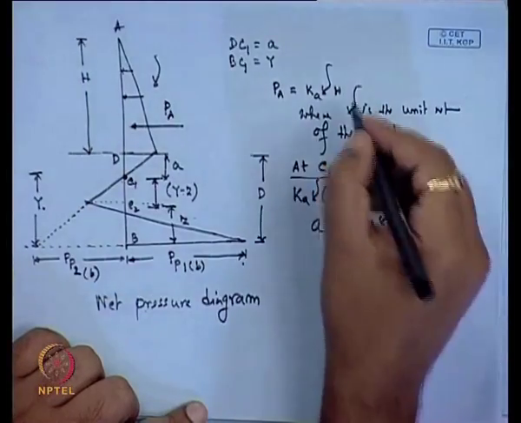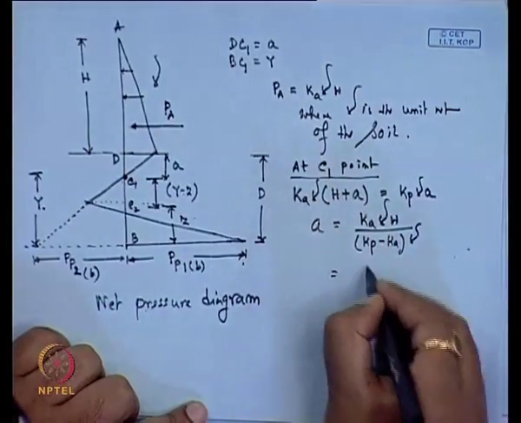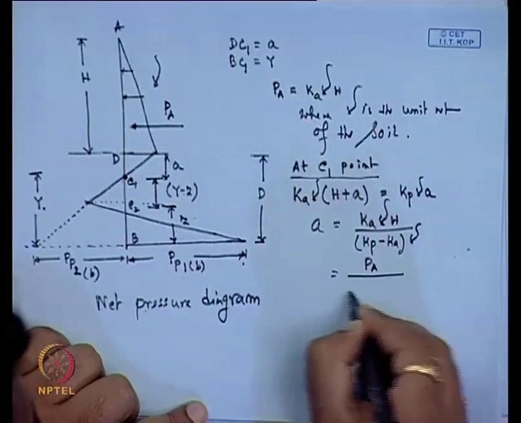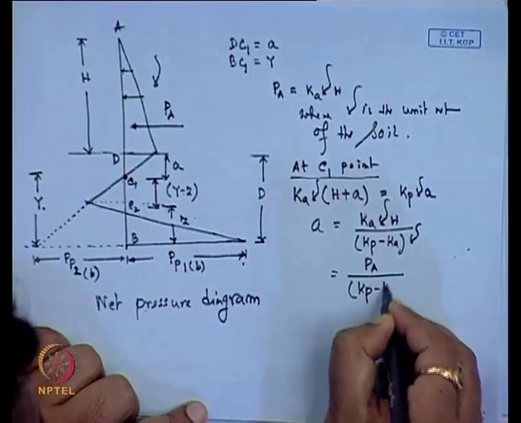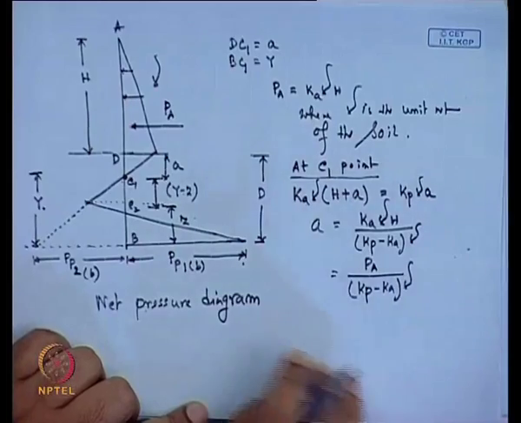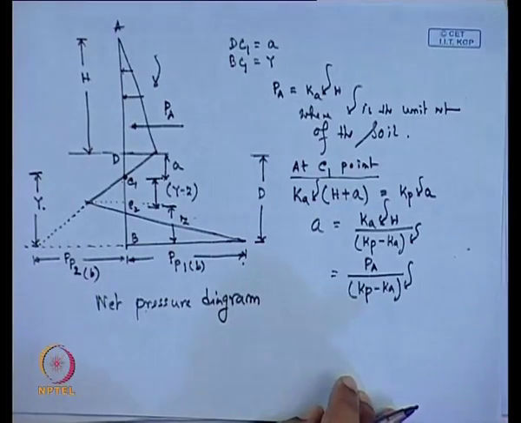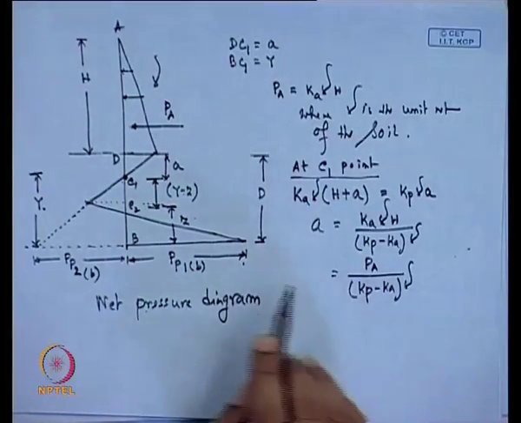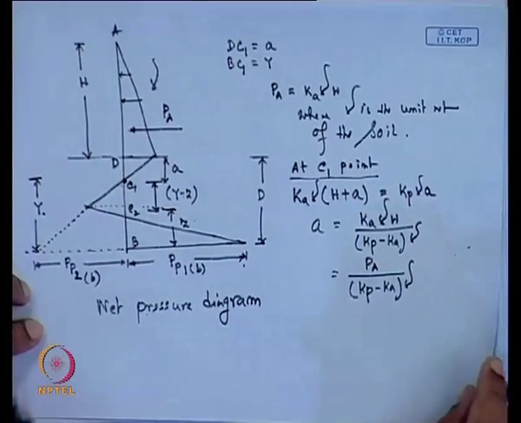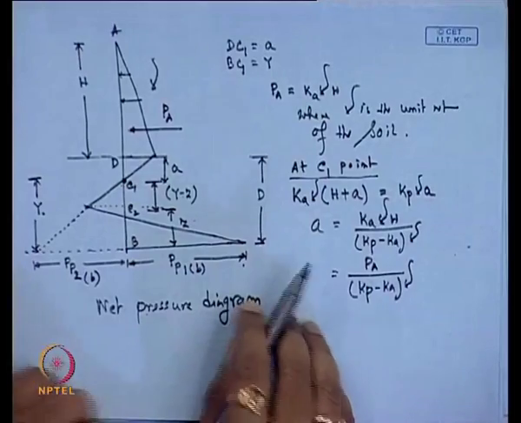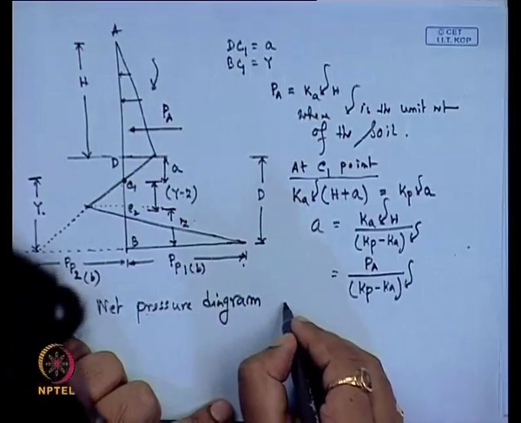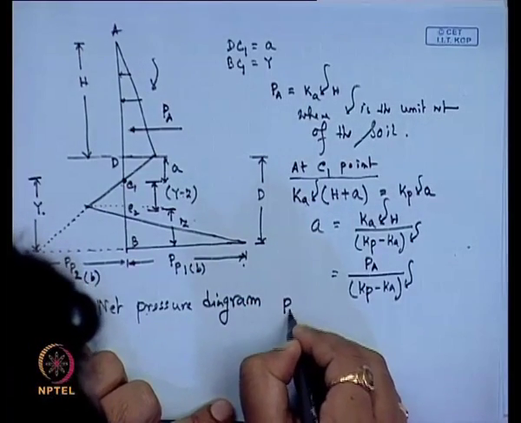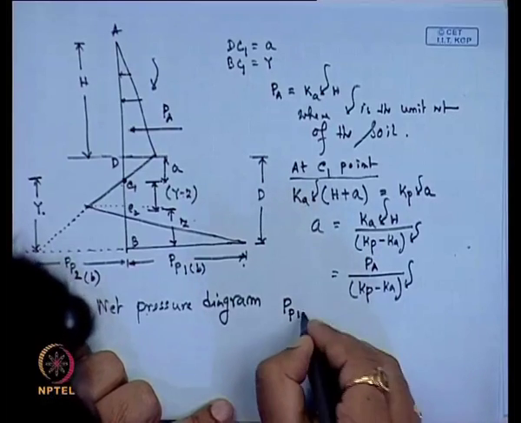That is equal to P A divided by K P minus K A into gamma. So we get the A value first. Now, next we will determine this P B 1.